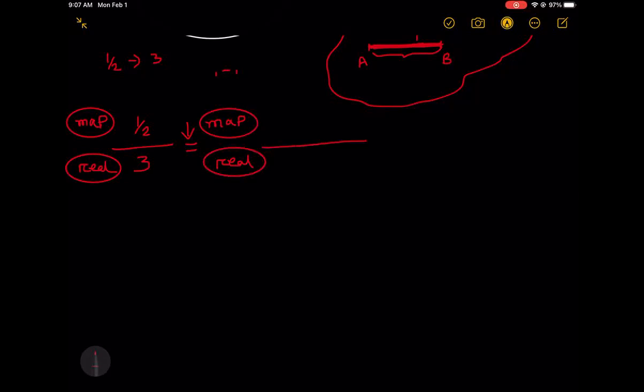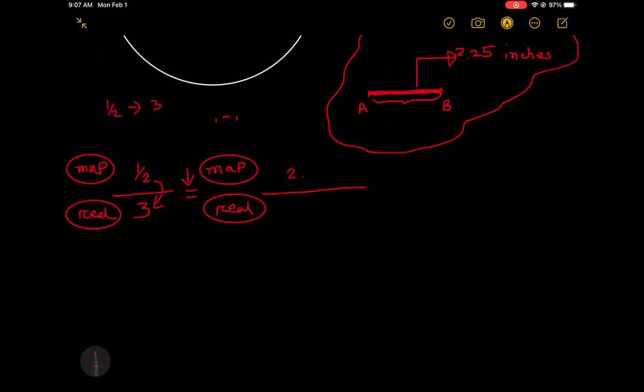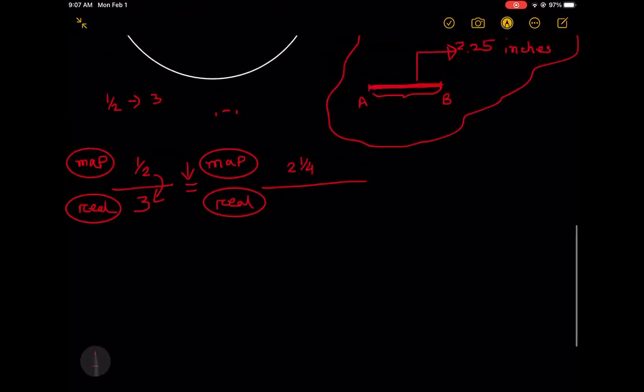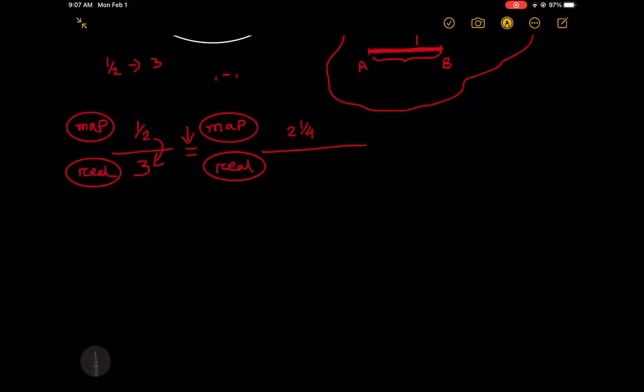So half an inch means 3. We have taken that proportion, and we have 2.25 inches, or you can use 2 1/4. And what should be my denominator as I'm taking the proportion?